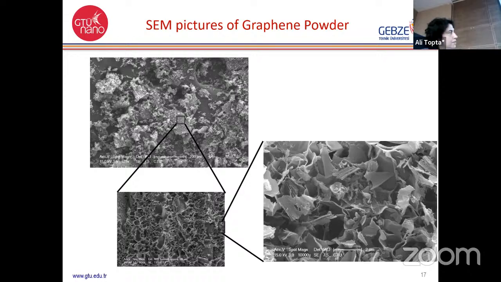Now we have it this way, and our further experimentation will be based on making it smaller and smaller to make nanoflakes that can be used for different applications. But even this can be used for making composites. So no problem, we are currently making composites.